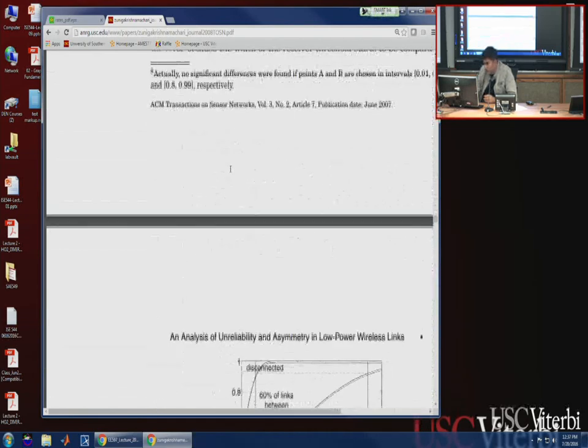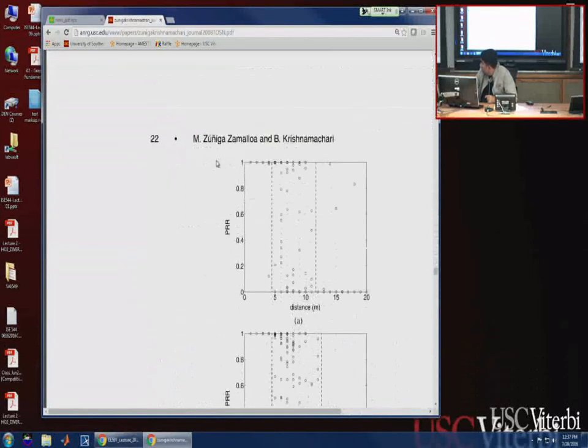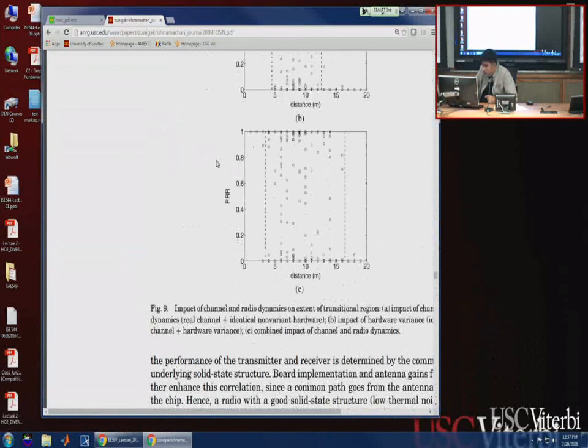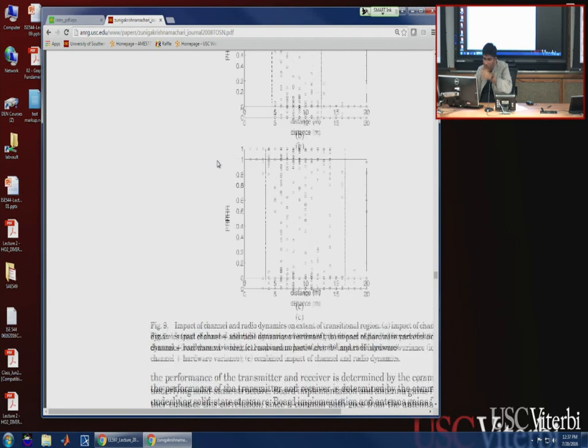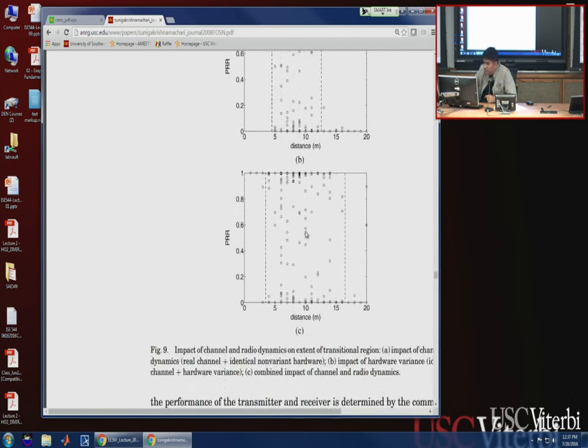In fact, this figure at the bottom, I think, is a real measurement of what that link quality looks like.